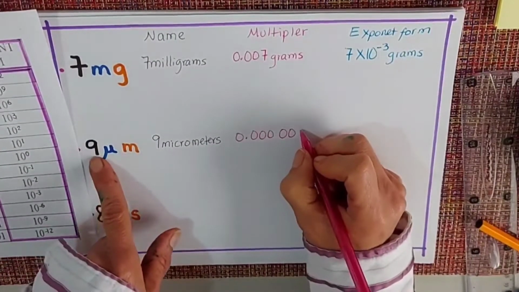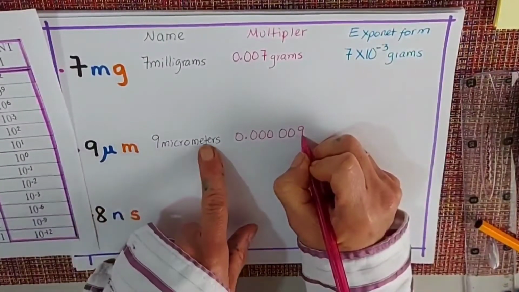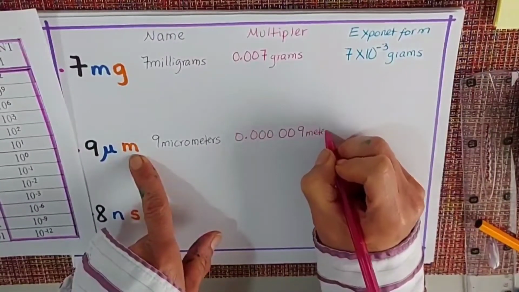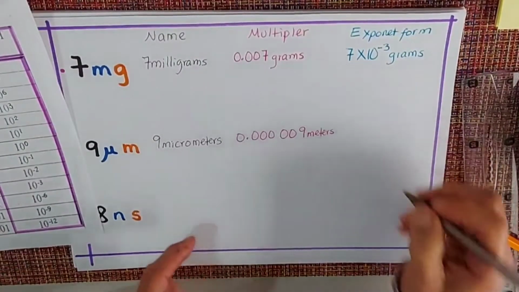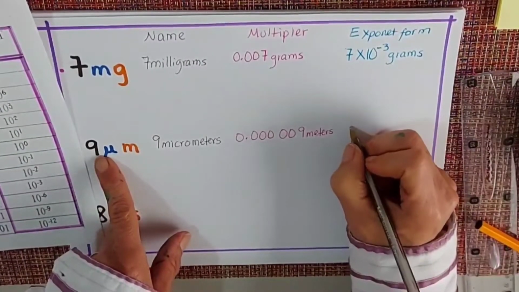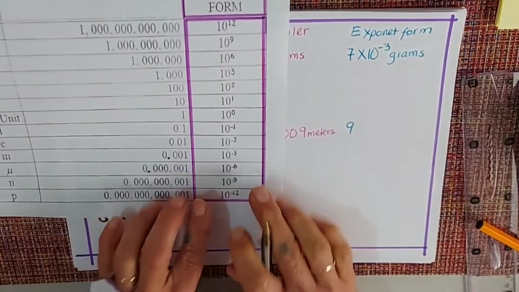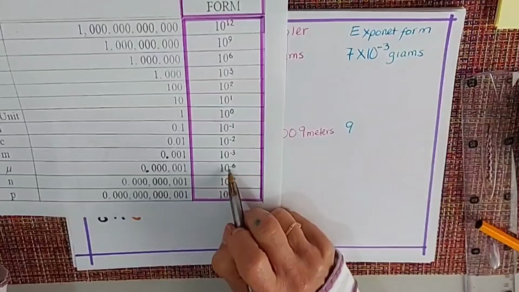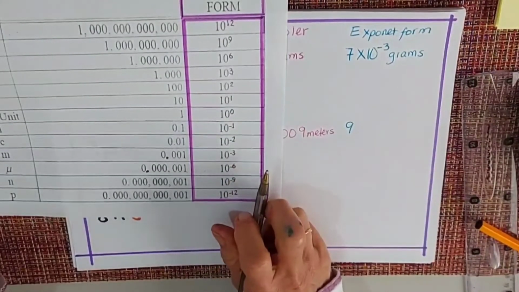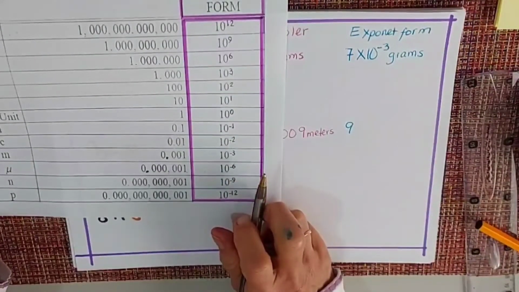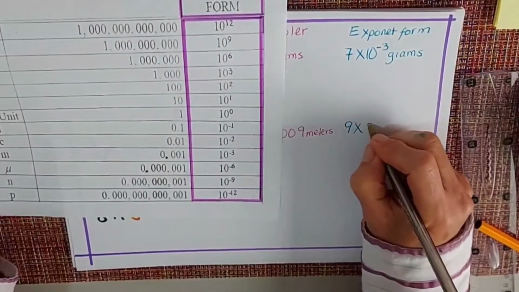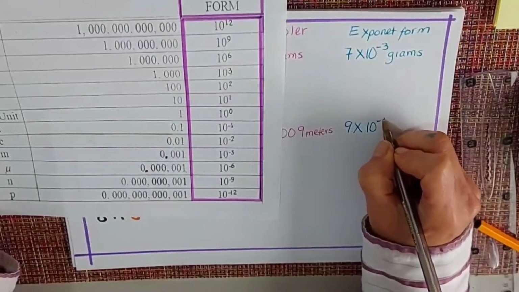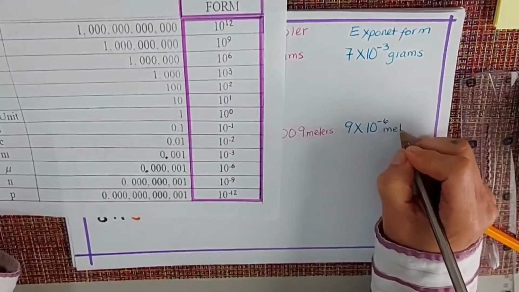And here we are going to write the number 9, and then the letter M for meters. And in the exponent form, the exponent form for micro is 10 to the minus 6 power, so 9 times 10 to the minus 6 power, and the units are meters.